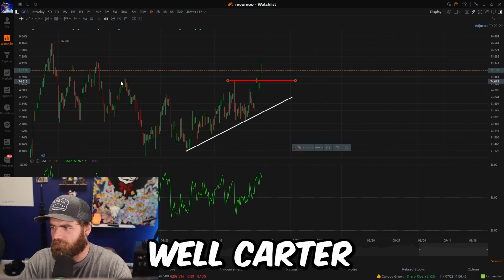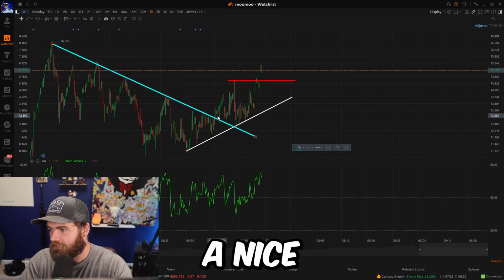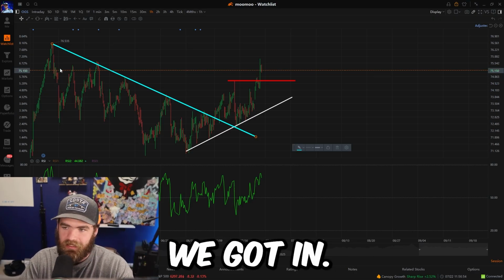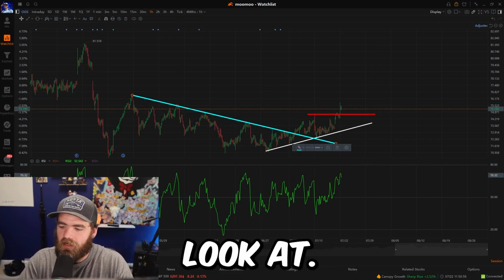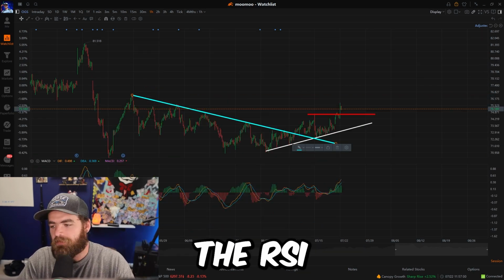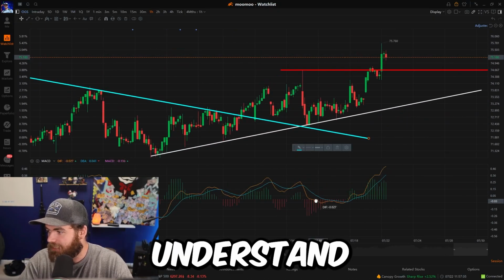And you're probably wondering, well, Carter, where did you get in? Well, if we draw this out again, you can see a nice entry point at about $72. And that's exactly where we got in. So you also want to look at other indicators, right? Like the MACD and the RSI on these lower time frames to help you get in and understand your entry point.